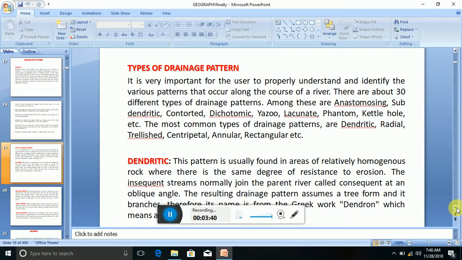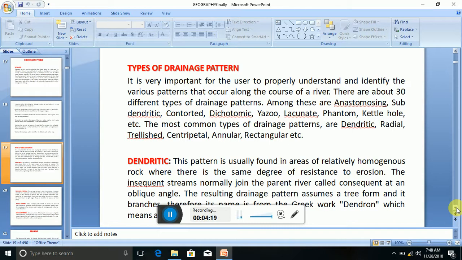Among these are anastomosing, subdendritic, contorted, dichotomic, yazo, lacunate, phantom, kettle hole, etc. The most common types of drainage patterns are dendritic, radial, trellised, centripetal, annular, and rectangular drainage patterns.